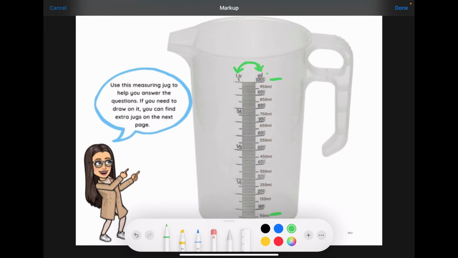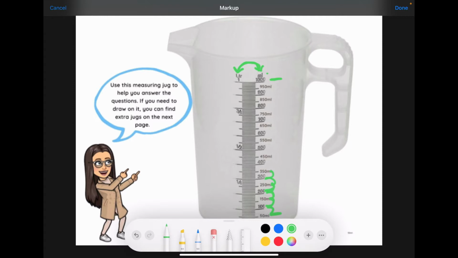So we start with 50 and we are going up by, I wonder who can figure out what each increment is increasing by each time. I'm going to give you a little second to think. We start at 50, go to 100, then 150, then 200, then 250.